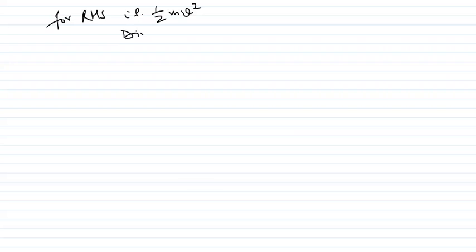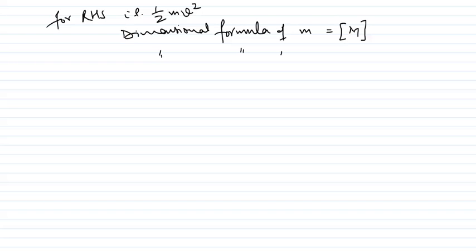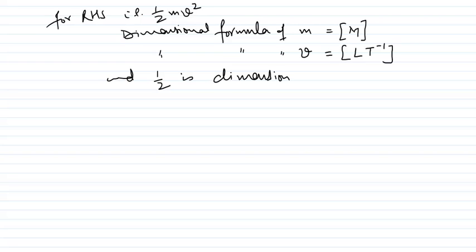Now we will write down the dimensional formula of M, that is M. Dimensional formula of V is LT minus 1, and 1 by 2 is a dimensionless constant.